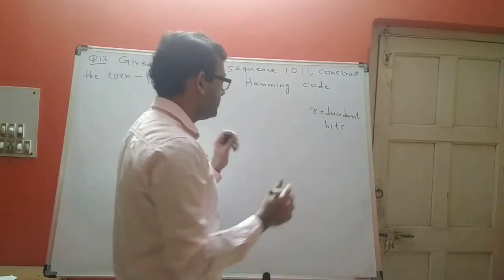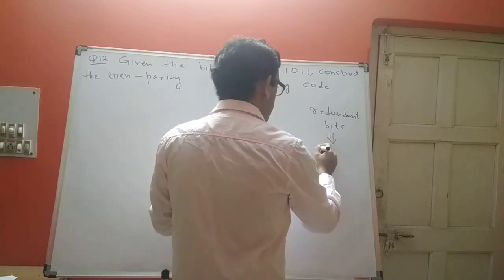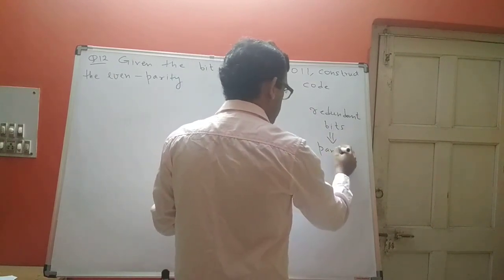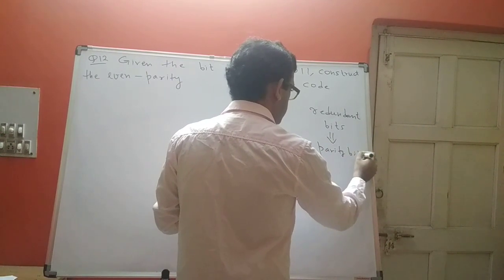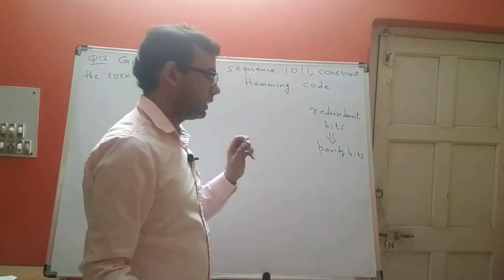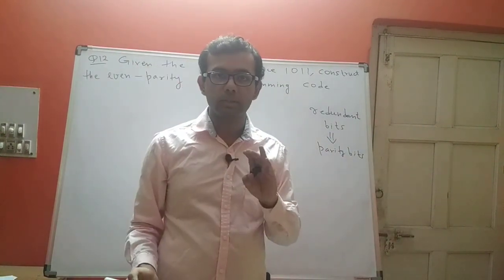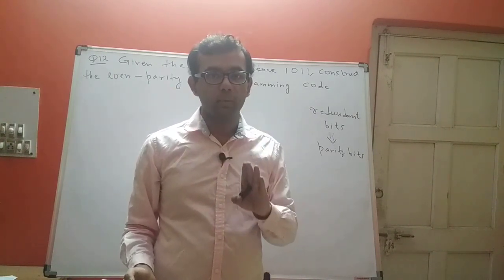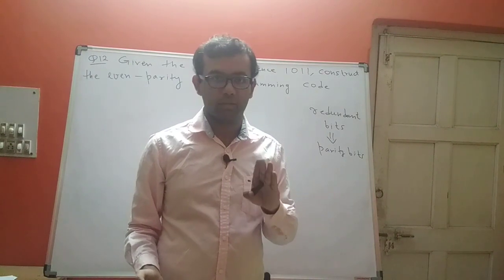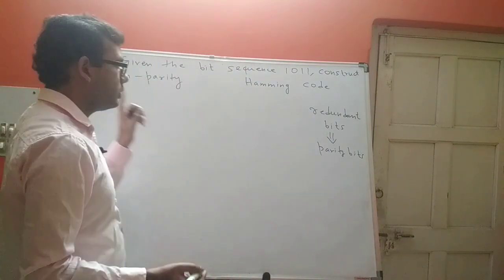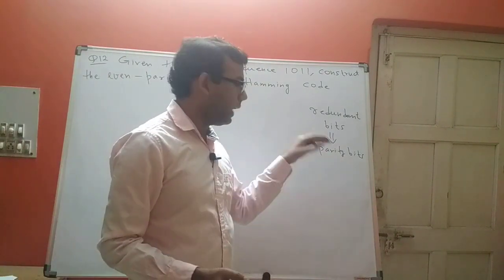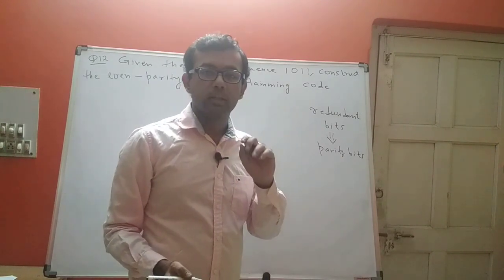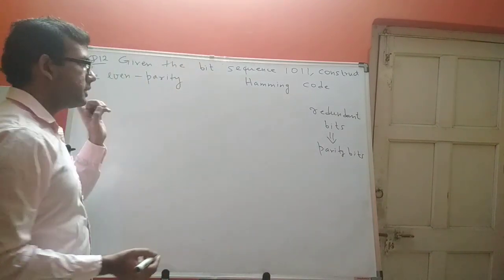These redundant bits are nothing but your parity bits. So you have to decide upon which parity sequence you're trying to work with. Here it has been given that you have to use even parity, so you will have to add your parity bits in such a way that even parity is followed.